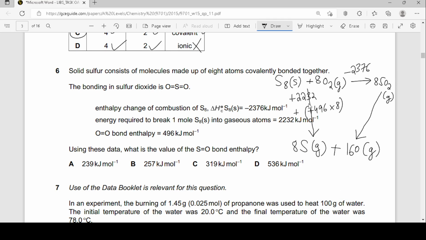Over here I have 8S plus 16O breaking down, and over here I also have 8S plus 16O, because that's what they want me to find. They've shown me the structure is OSO, and I have 8 of OSO, which means I have 16 of the SO bond, because 2 per molecule. So 16 SO bonds means I have 16x. Let me just take it as 16x.